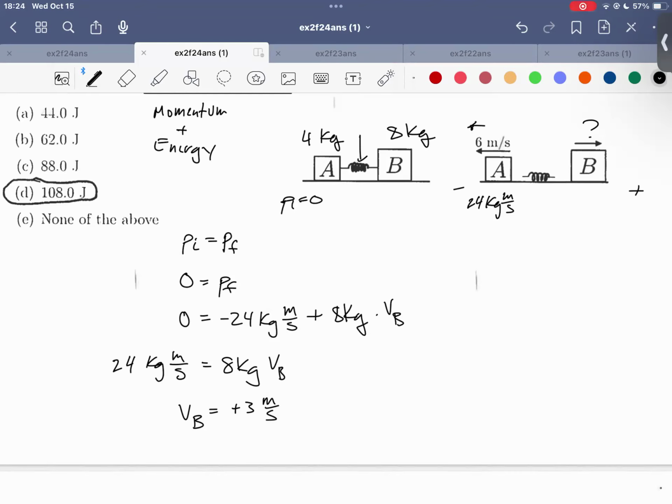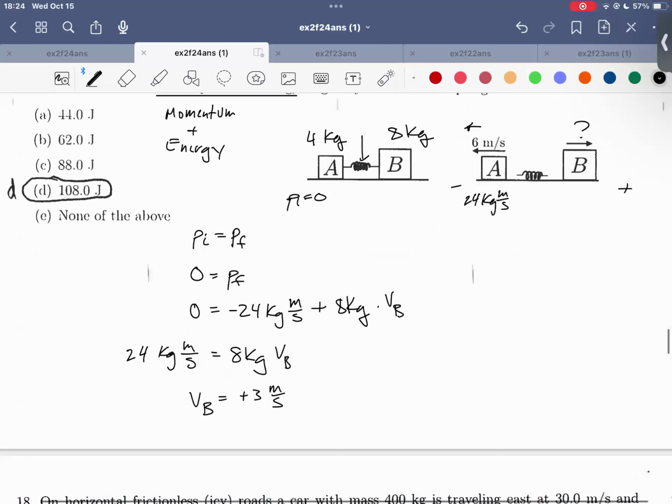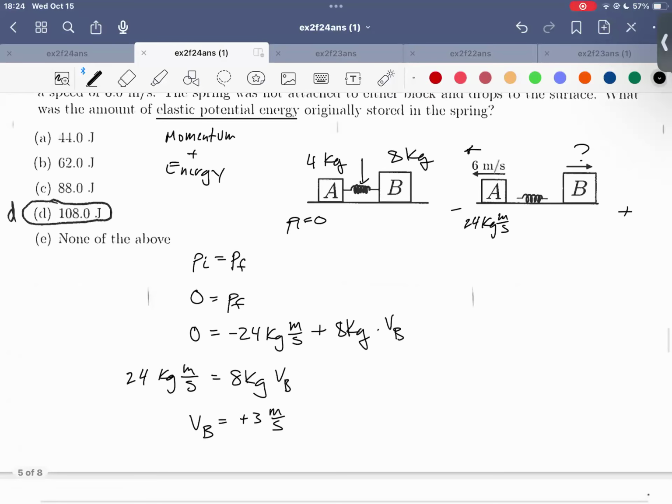Okay, and so what we can do from here is calculate energy. And so we can say our kinetic energy is equal to the elastic potential energy.